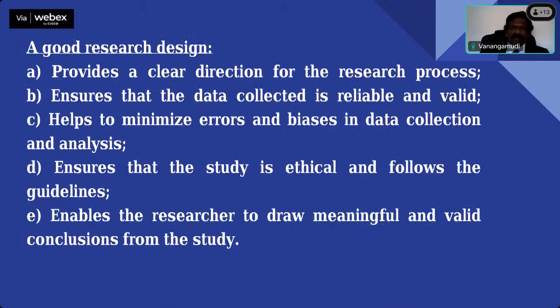Fred N. Kerlinger, once again, I can go to the definition of Fred Kerlinger. He is a very popular behavioral researcher, and he explains it in a nutshell. I'll explain it, and I'll go to the five important characteristics of a good research design. I'm using the words good research design. A proposal is said to be a good proposal, a research design is said to be a good research design.